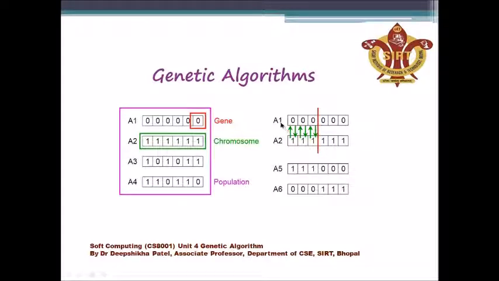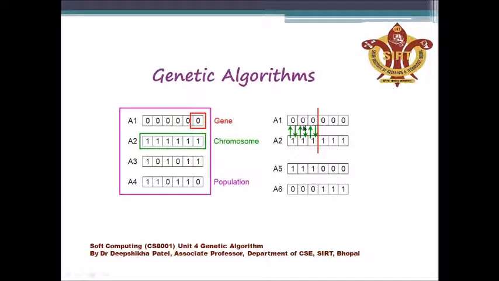For example, A1 and A2 are the fittest individuals we have selected. After selecting the individuals, the exchange of genes happens, which is known as crossover. Then some other genetic operations are also there, we will discuss them in the next slide.